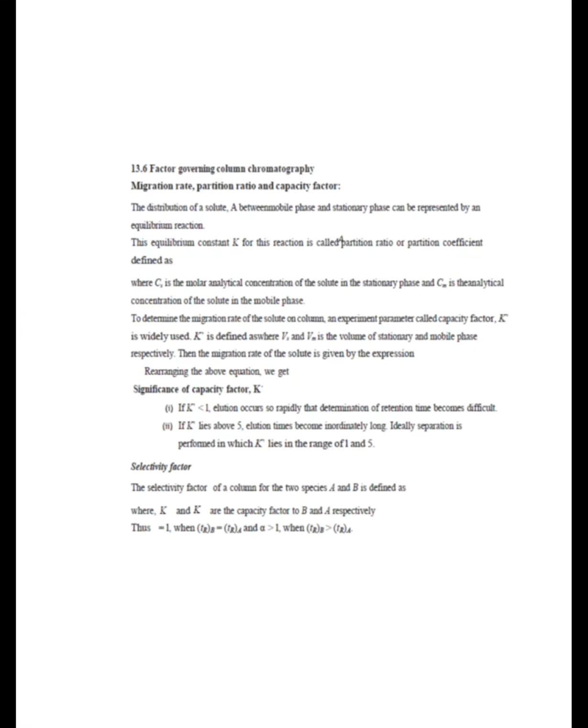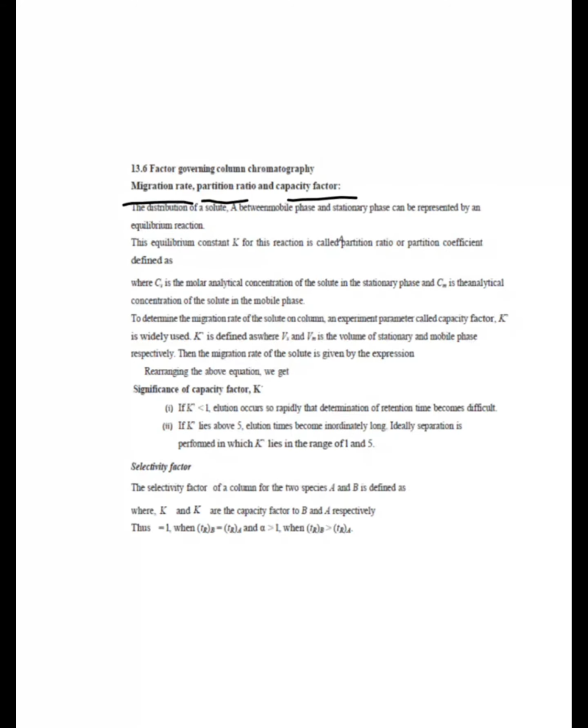And further, the factors governing column chromatography. What are the main factors affecting column chromatography? Here, the three main factors affecting column chromatography are migration rate, partition ratio, and capacity factors.